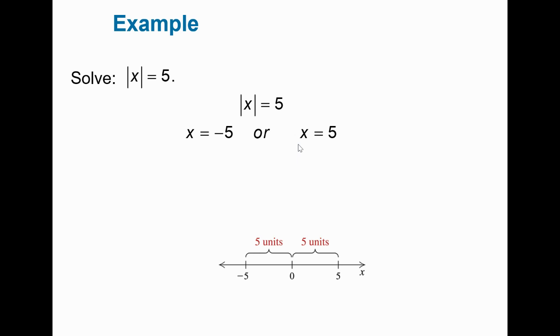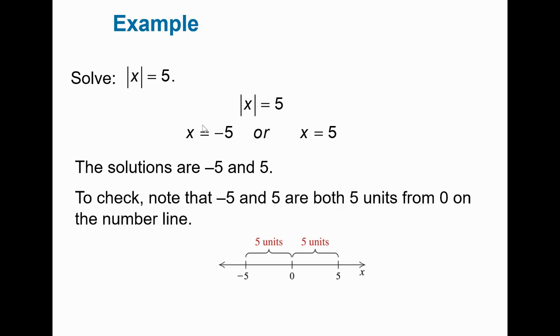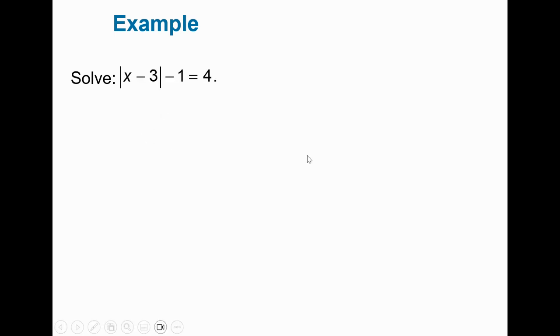So absolute value is related to distance. Solutions are negative and positive 5. Note that negative 5 and positive 5 are both 5 units away from the origin on the number line.